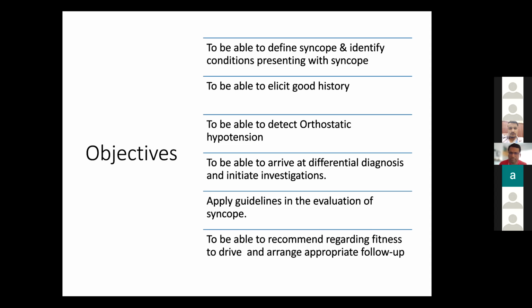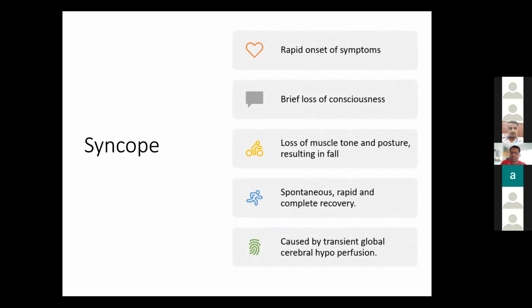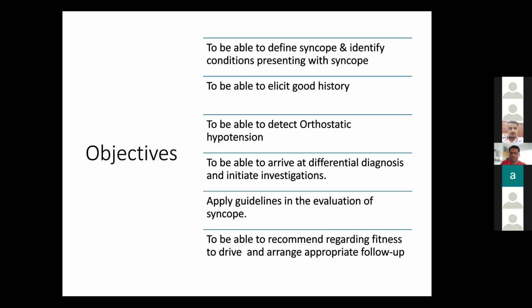That follows what we get from the history and what we think about it in our evaluation, so that guides our investigations and appropriate early management, reassurance or follow-up, and to apply some guidelines in the evaluation of syncope. And last but not least, these carry a risk to the individual presenting with syncope, so we need to advise them about their daily life in terms of driving and arranging appropriate follow-up.